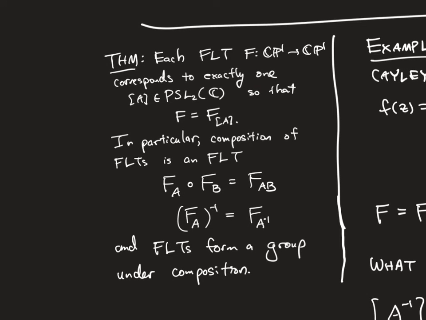So now, with this description, we get basically a theorem from using all the right definitions. Each FLT from CP1 to CP1 corresponds to exactly one element of PSL2C, so that each F can be represented as one of these FAs.